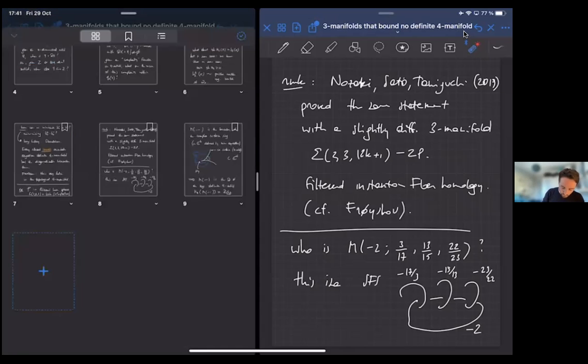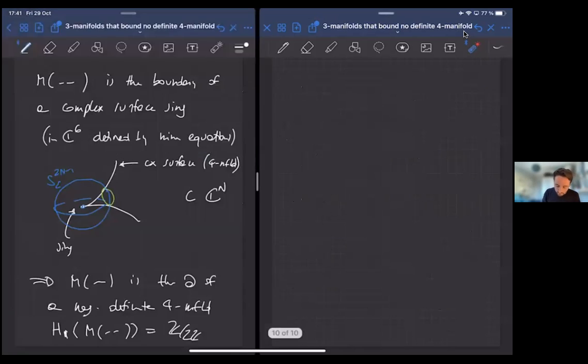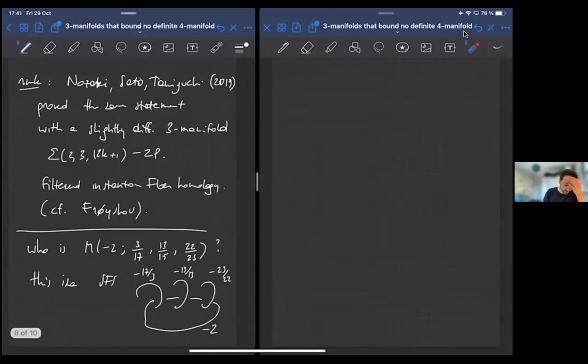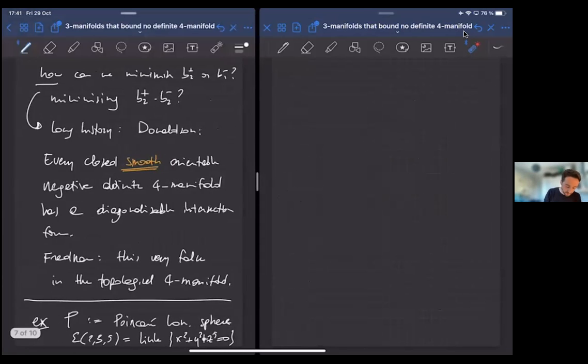So how does one go about proving such a theorem? Well, one looks at what had been done using ideas that were initially Donaldson's perhaps, and then developed a bit further by Ozsváth and Szabó, using Heegaard Floer homology to give obstructions.